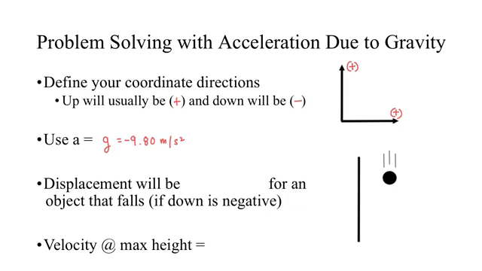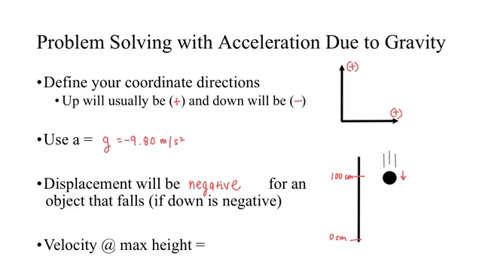It's also important to keep track of our displacement. Our displacement will be negative then for an object that falls, essentially. So if I were to look at this image here on the right, I have a ball. This ball is falling towards the earth, and so it's falling down. I would maybe indicate this as perhaps 100 centimeters, and then maybe the ground would be 0 centimeters.